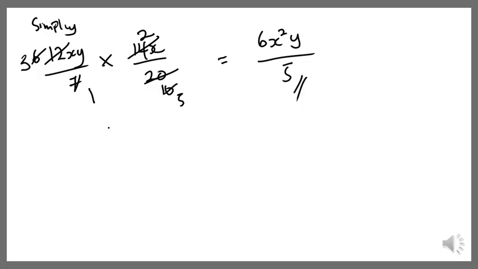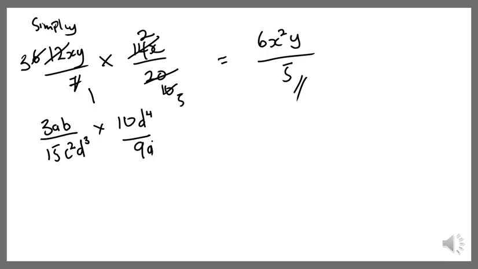Let's try another example. We have 3ab over 15c squared d cubed times 10d to the power 4 over 9e to the power 2. This one too is very simple.